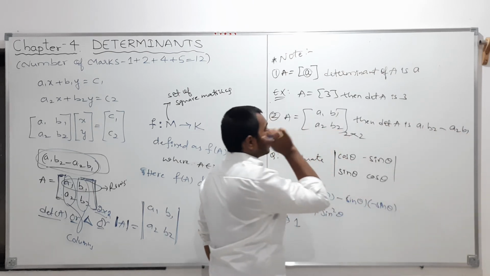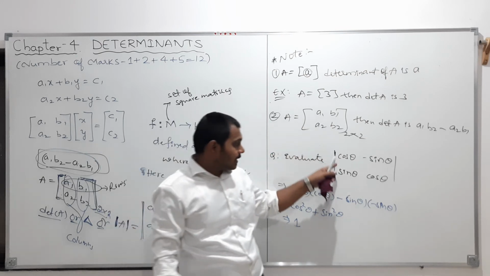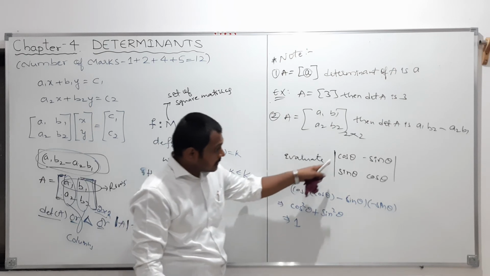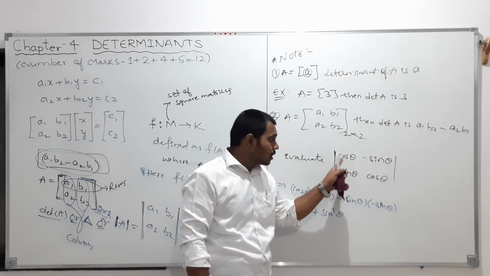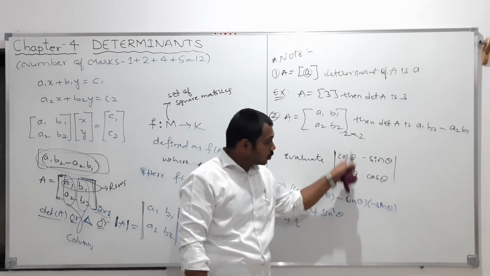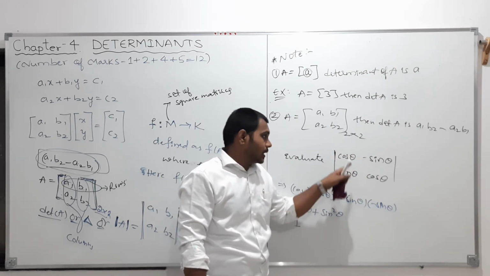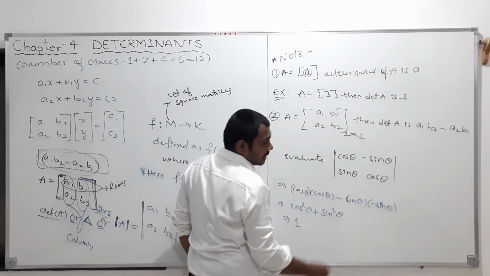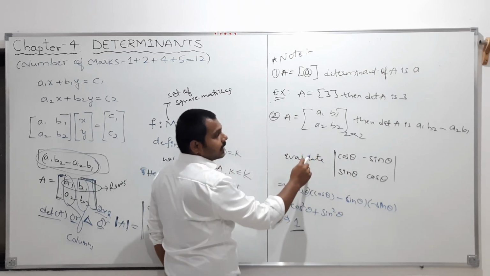That we already calculated here; you can take it as an example. This given question is of the order 2 cross 2, because 2 rows are there and 2 columns are there. So in this case the determinant can be calculated by multiplying this element with this element, minus this element times this element. This will give you the determinant of the matrix.